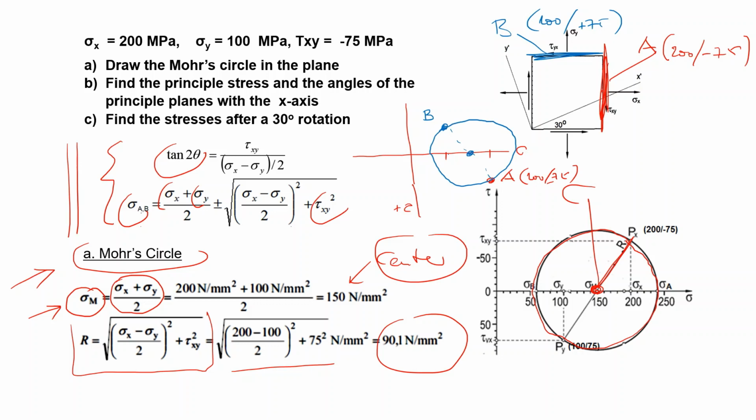Here you have calculated the center and the radius, and here you have used the two points to draw the Mohr circle. You can do both, or do one and check with the second technique whether the circle is correct or not.